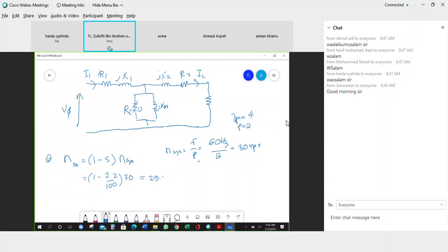When you convert this, you times by 60, so you will get the RPM figure of 1760 RPM. This is your rotor speed at slip of 2.2%.